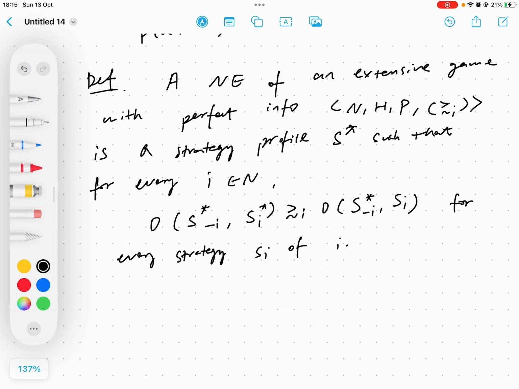So alternatively, we could also define a Nash equilibrium of an extensive game gamma. Sometimes we use gamma, we often use that for an extensive game.